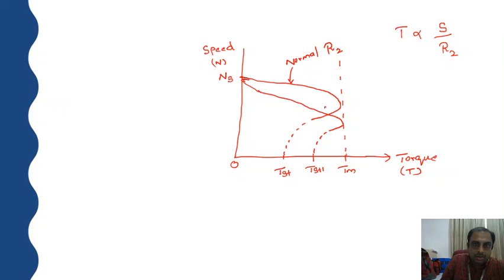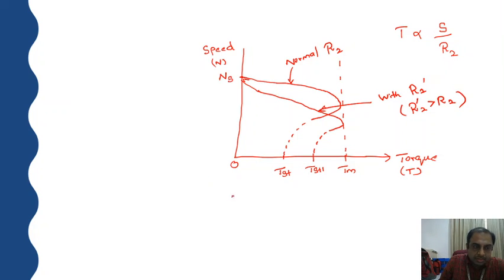This curve is with respect to the additional resistance, which we can call R2 dash. To increase the starting torque we have to add resistance, so the R2 dash value is very much greater than R2.